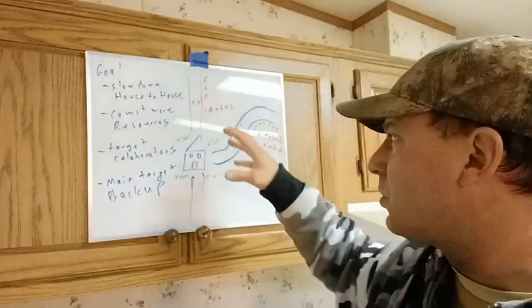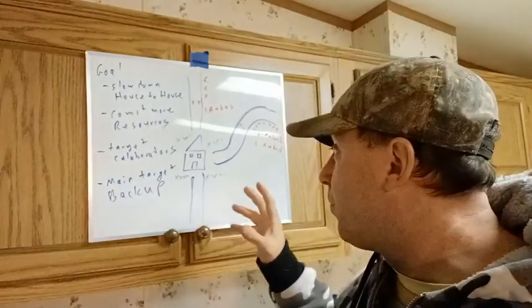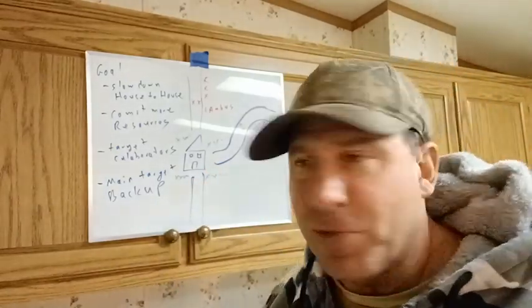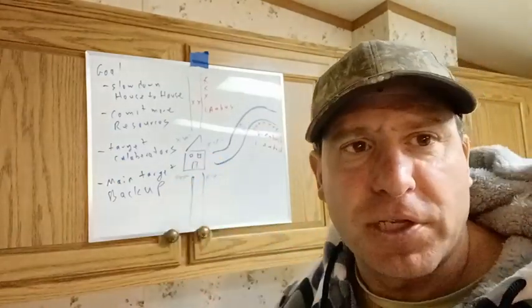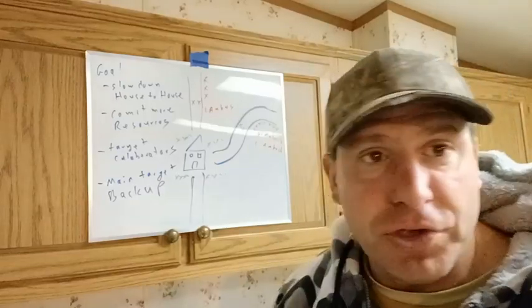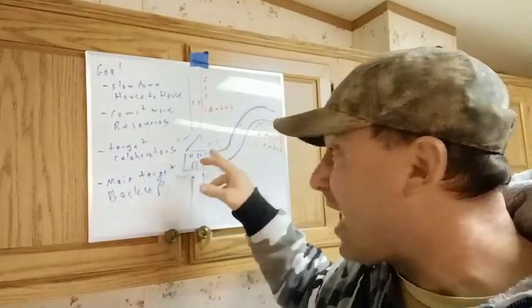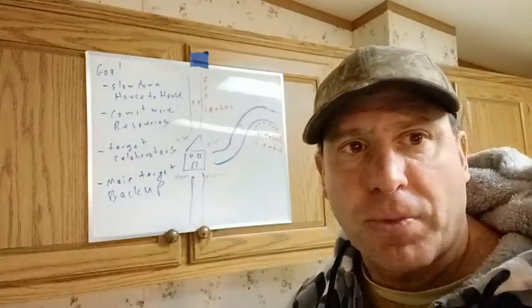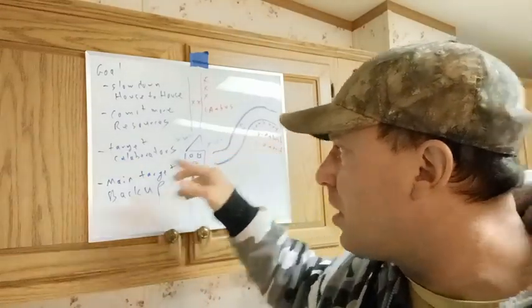Now, how do we know they're going to do that? Because we've got spies and informants, and we're following them. So which house do we want to set up this ambush at? This is where we want to target: the house where we think there's some collaboration going on between them and the Soviets.